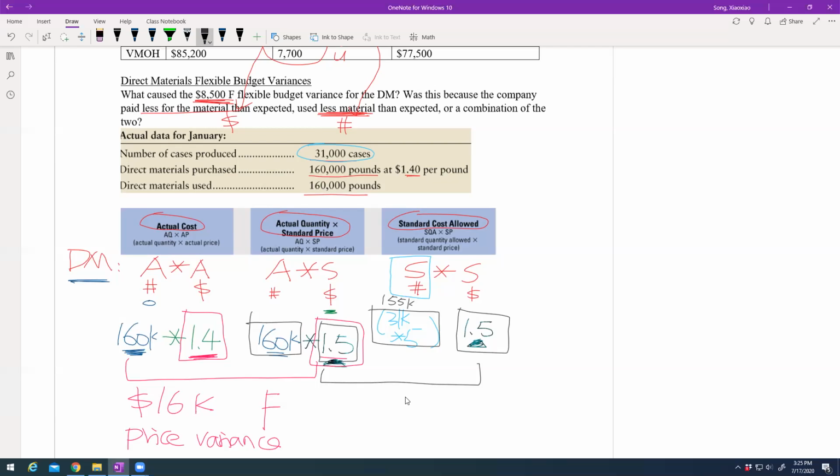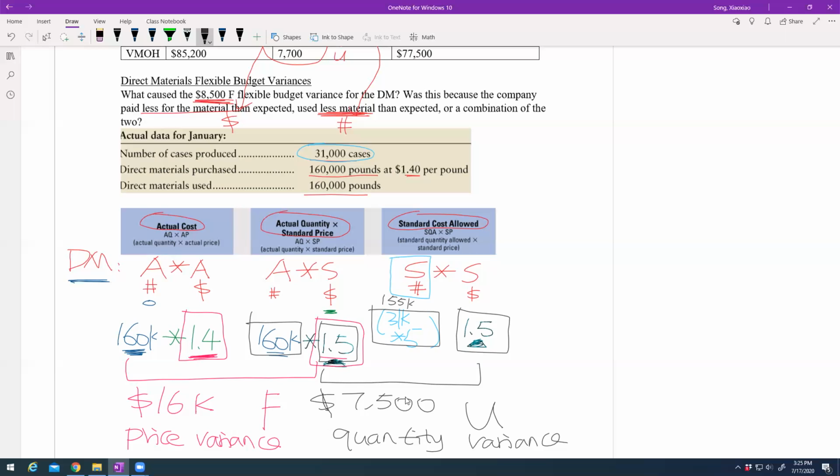We used 5,000 extra pounds than the standard. So we have an unfavorable quantity variance, and the dollar amount is $7,500 unfavorable.